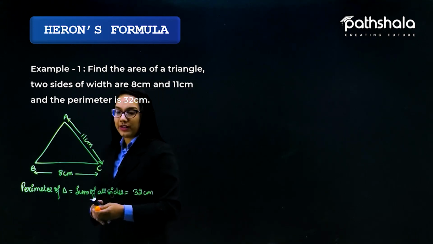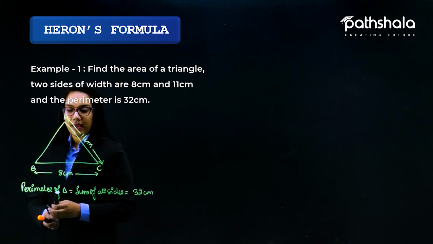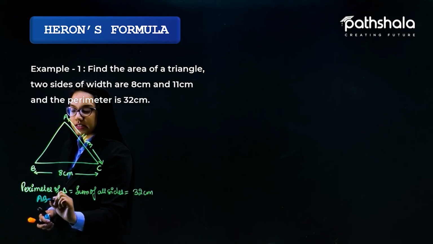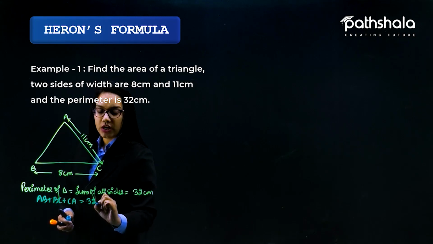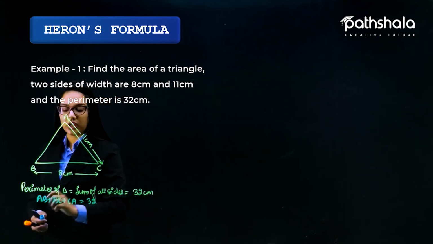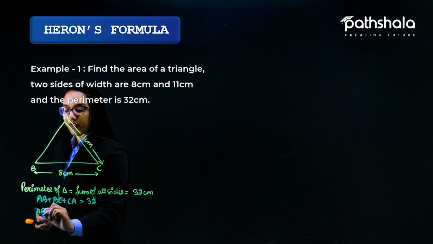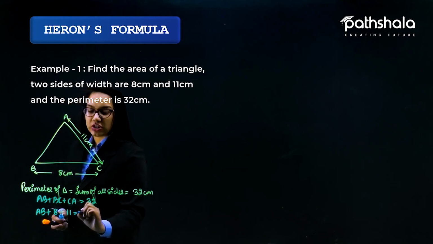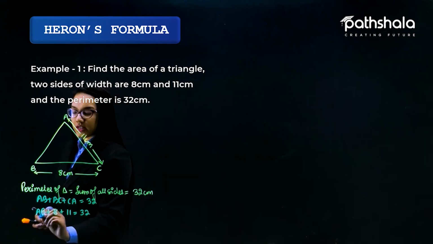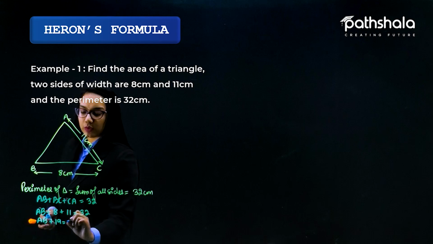The sum of all sides means AB plus BC plus CA is equal to 32. Let's substitute all the values. As we want to find AB, we know BC is 8, and we have 11, which is equal to 32. Now it is AB plus 19, which is equal to 32.